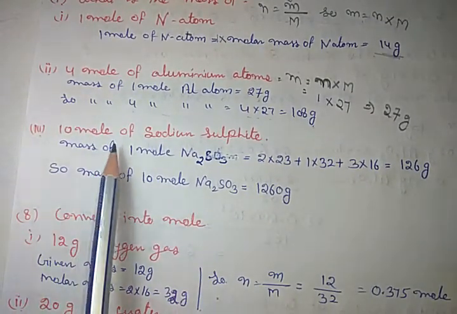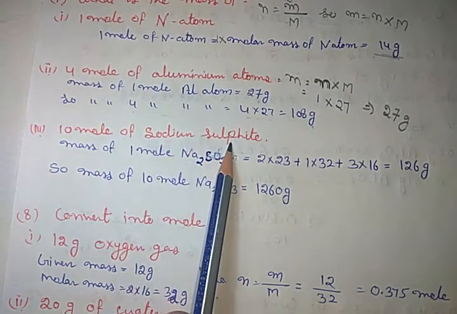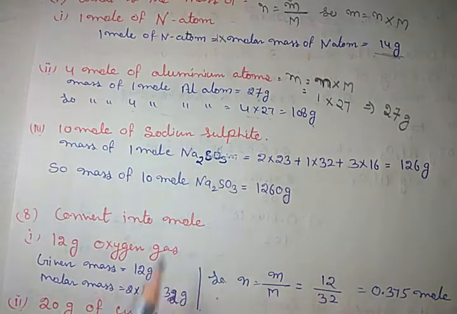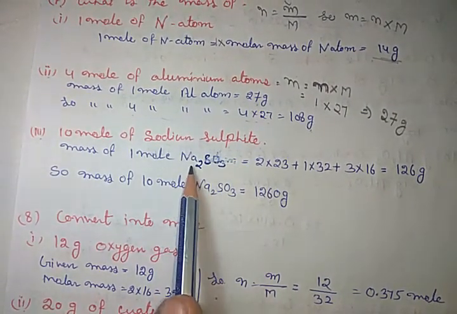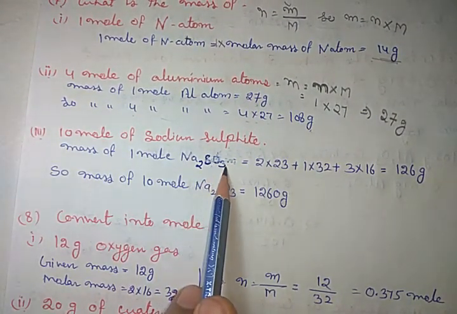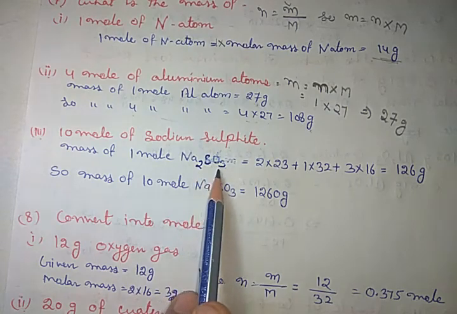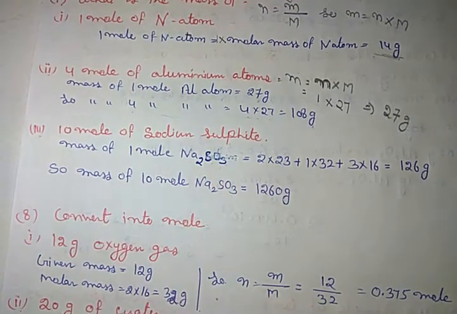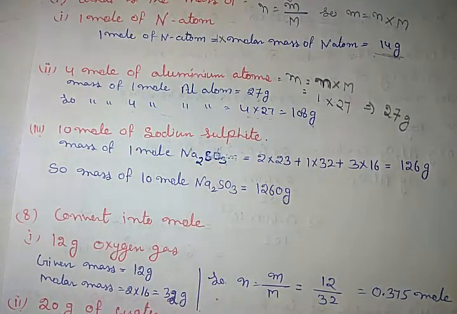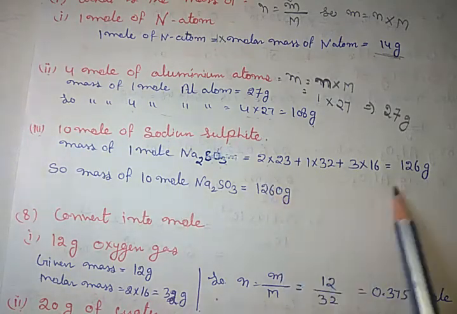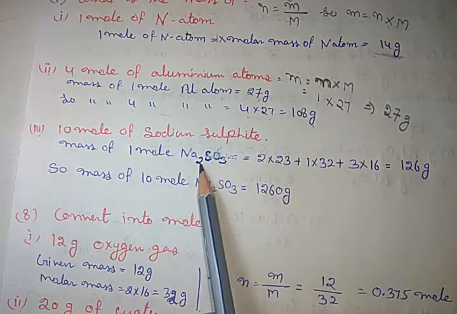Similarly, 10 moles of sodium sulfite. The chemical formula of sodium sulfite is Na2SO3. So firstly we have to calculate the mass of 1 mole. To calculate it, we add all the atomic masses.